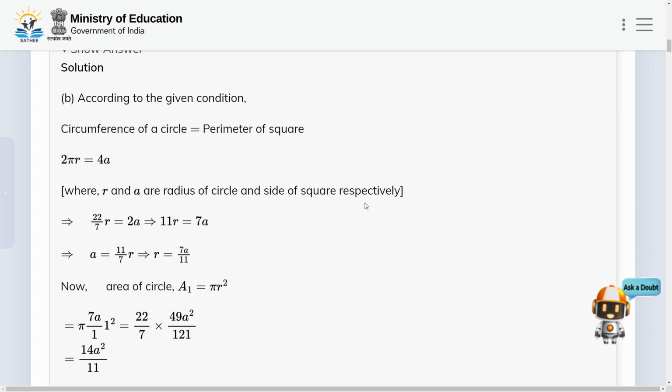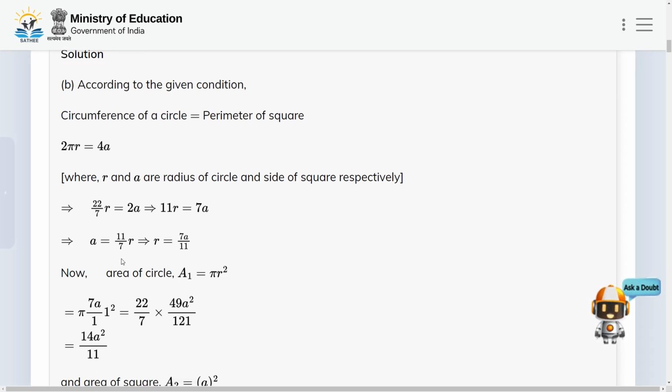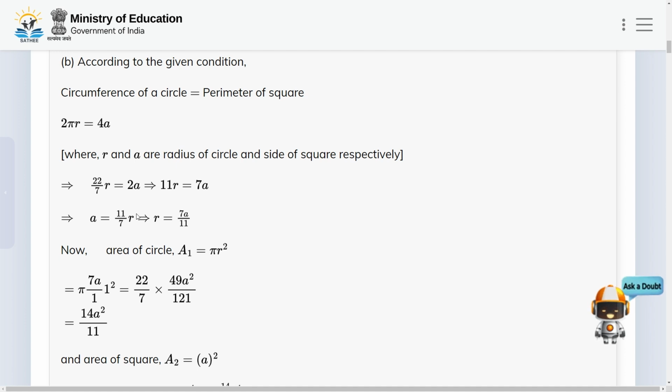Now if we put the value of pi, that is 22 by 7, it implies 22 by 7 times R equals 2 times A, and it implies 11R equals 7A. So A is equal to 11 by 7 times R, and R is equal to 7A by 11.